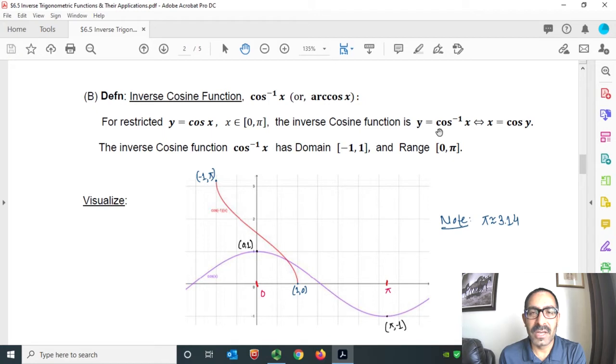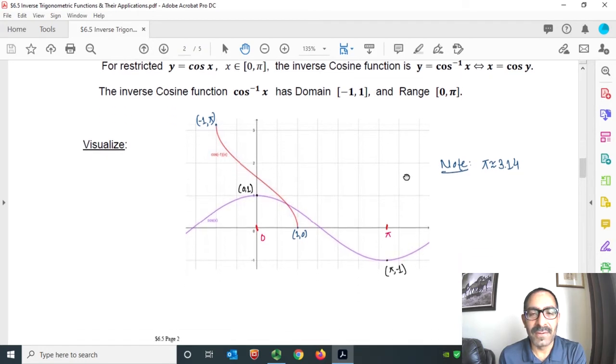The left side is cosine y, the right side is simply x, because the function and inverse cancel out, and I wrote the right side to the left side here. I hope this makes sense to you all. The inverse cosine function has domain negative 1 to 1 and range 0 to pi. Let me show you the graph here.